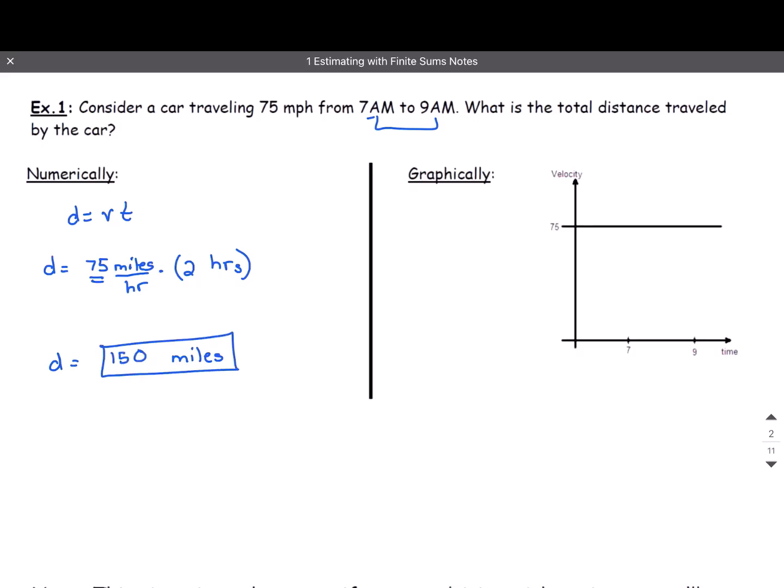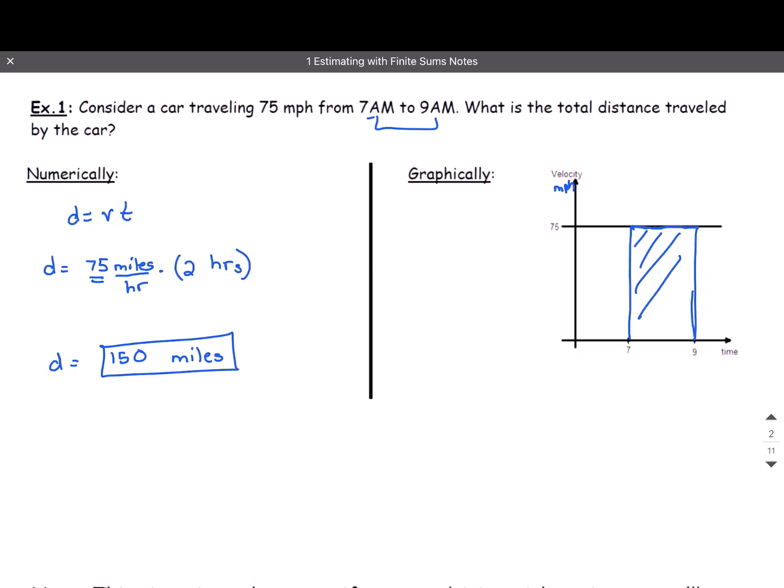Now, if we look at this graphically, here's the velocity at 75 miles per hour, and it's 7 a.m. to 9 a.m. This shape here is a rectangle, right? And this is the curve, the velocity function.